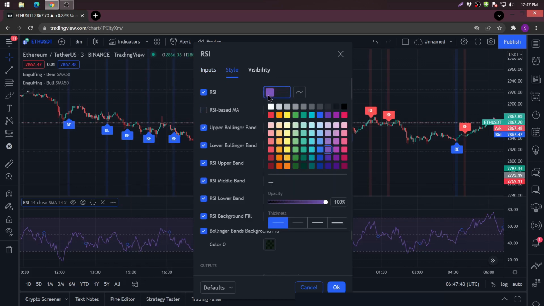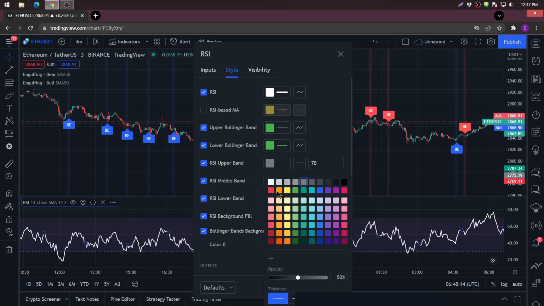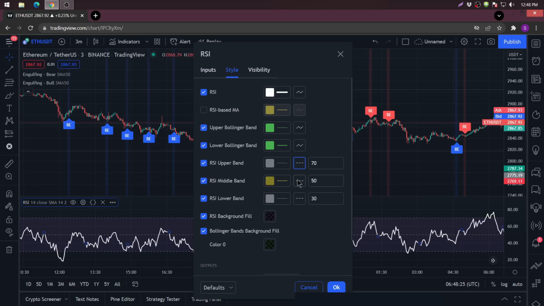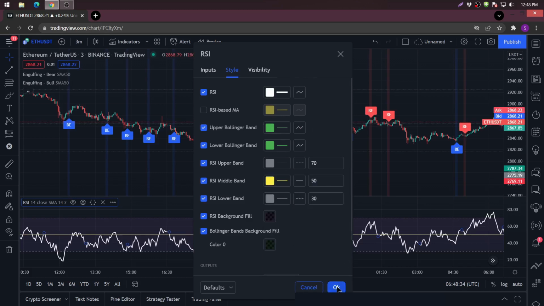I need to change the RSI line color to white and I want to make it bolder. Okay, so now I need to change the middle line color and the border size. So from here, RSI middle band, I simply change the color to yellow, also change the type to line and also change the opacity. Okay, so now simply OK to save.